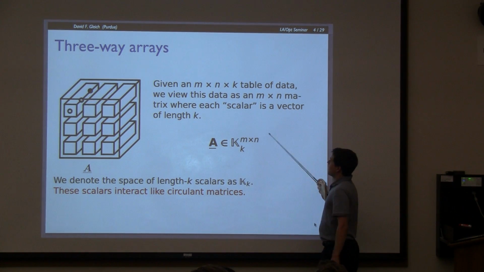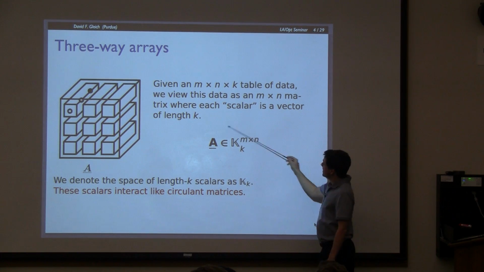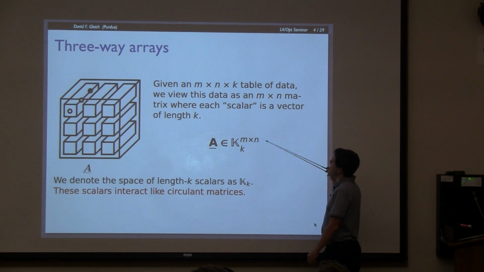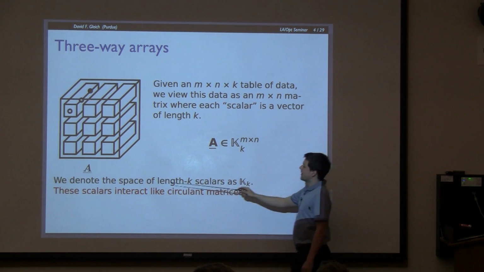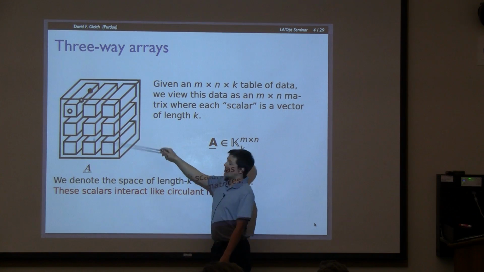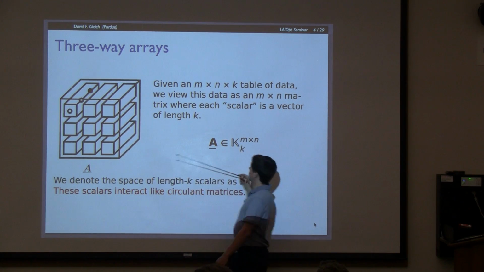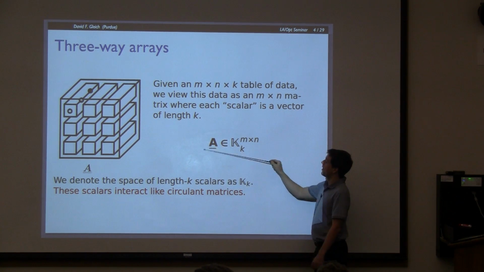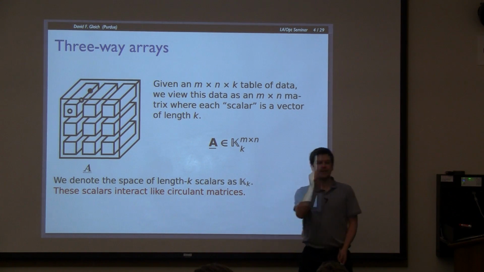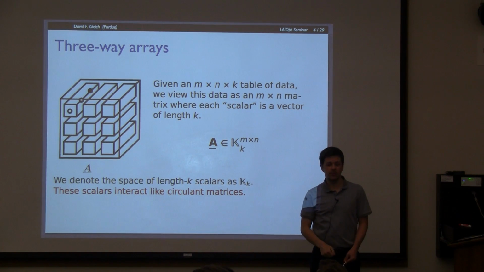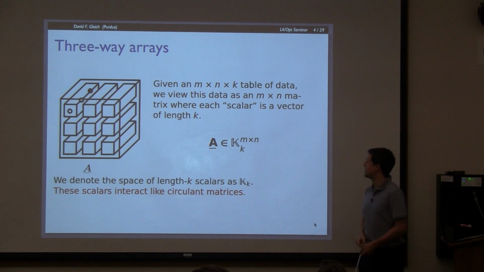All right, how are we going to write these things down? For reasons that'll become clear in maybe a minute or two, I'm going to say that any type of three-way data in this talk is going to be a bold letter underlined. Some people like writing these with scripts. I can never write a script on the board, so I always underline these.